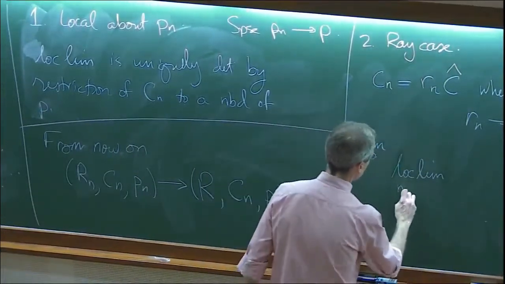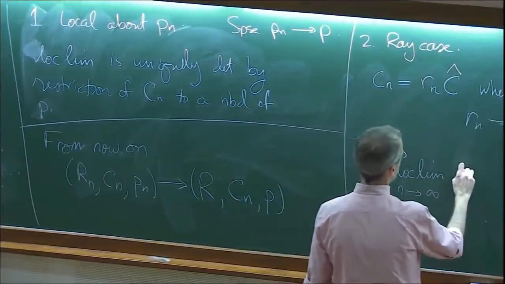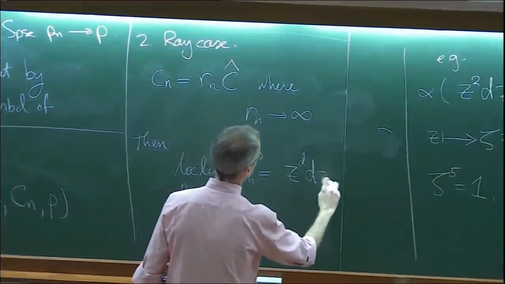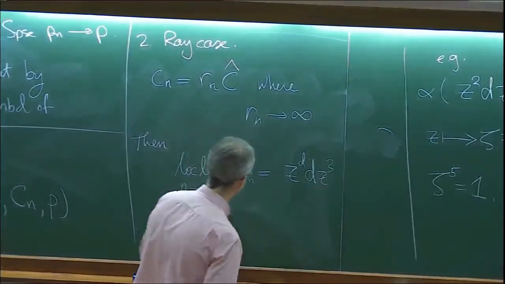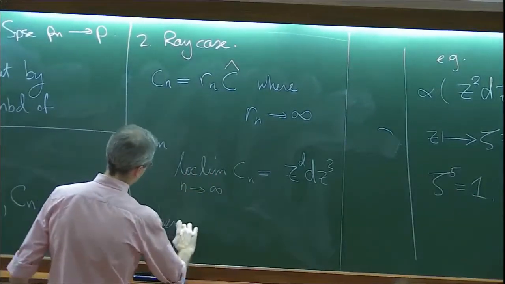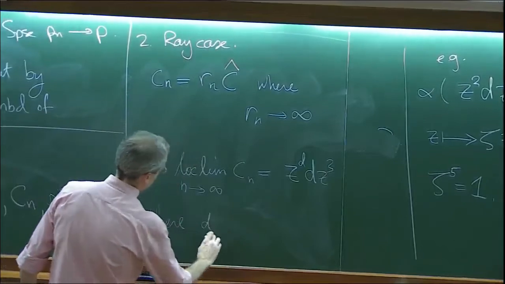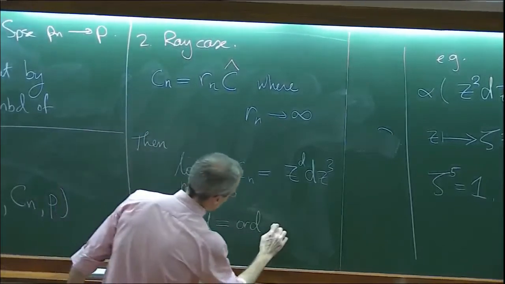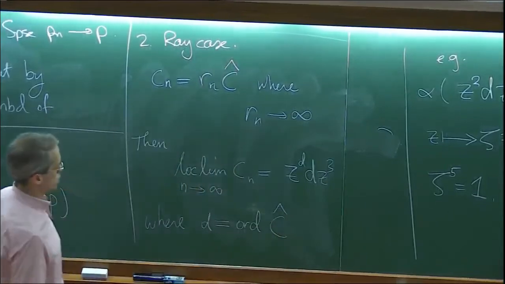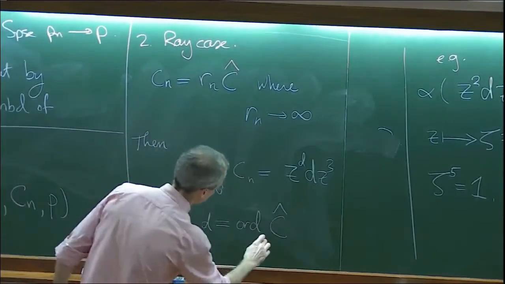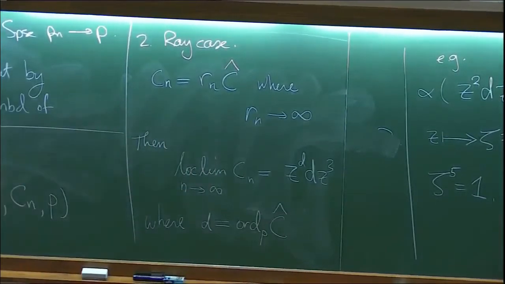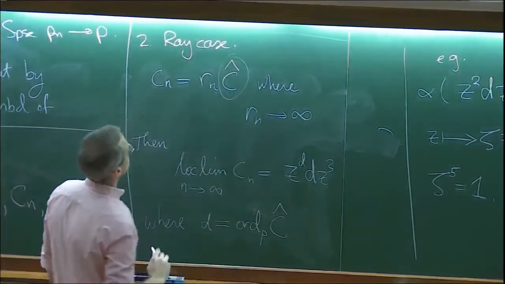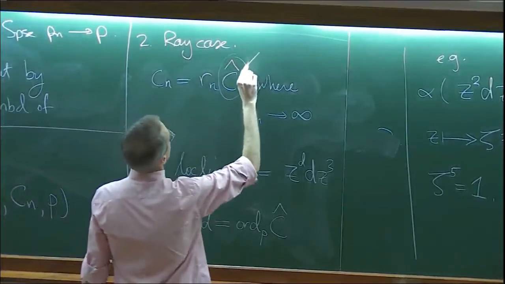Well, then the local limit, as n goes to infinity, of this Cn is just z to the d dz cubed, where d is the order of vanishing of the limit cubic differential C hat, in the projective sense, at P. All right, so let me decorate this with a little bit of extra terminology.